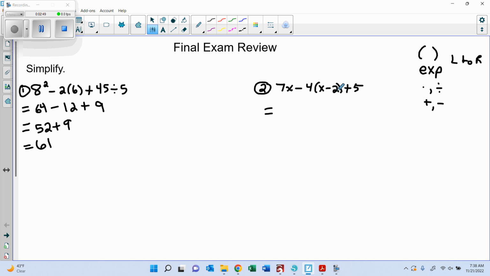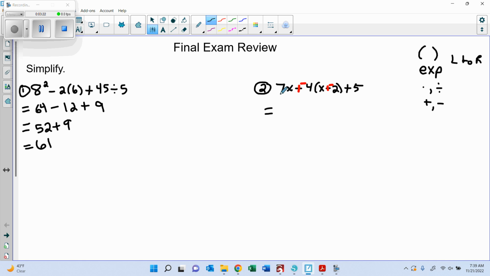We have x and a 2, and they're not alike, so that just has to stay x minus 2. Then we're going to do this multiplication, which will be the distributive property. However, we want to be careful here because this is subtraction and we don't want to make a mistake on our signs. So we're going to want to change this subtraction to add the opposite. And I would go ahead and change this one to add the opposite to make sure that we don't make a mistake on our signs.